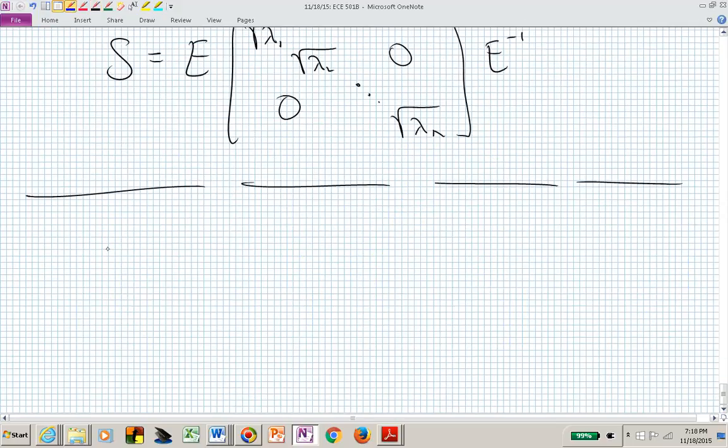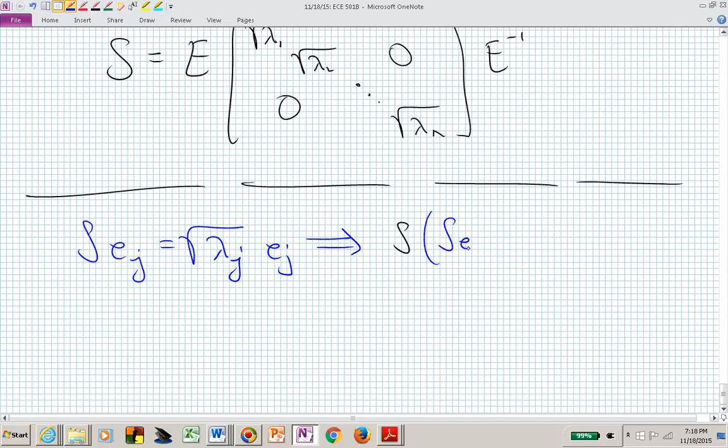Also from that relationship, S e_j equals the square root of lambda_j e_j. Suppose we operate on the left with S, so that now we say S times S e_j is going to equal S times the square root of lambda_j e_j.